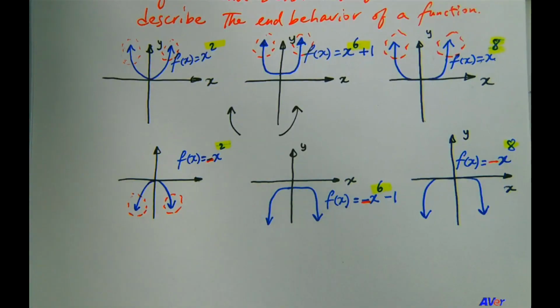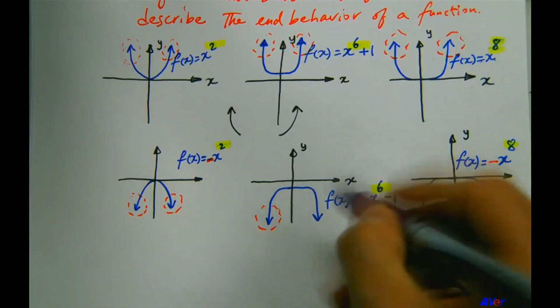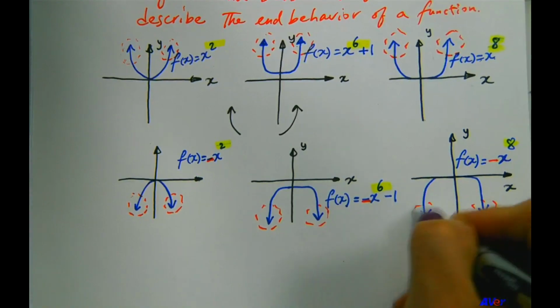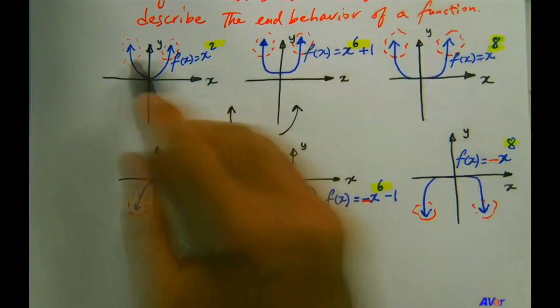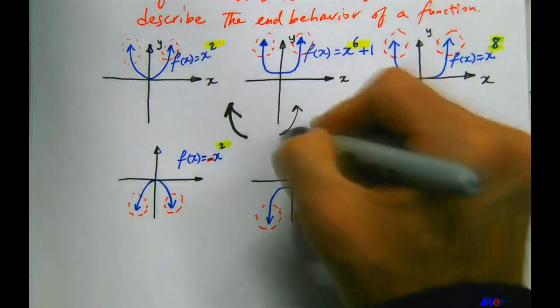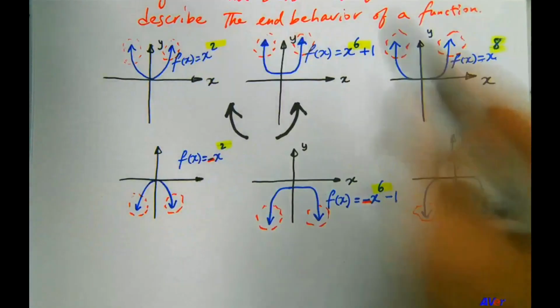But again, the end behavior of this diagram, notice the pattern. And I'm going to thicken this line so you can see for the above three functions, the pattern is upward, right? Two lines like that pointing upward.